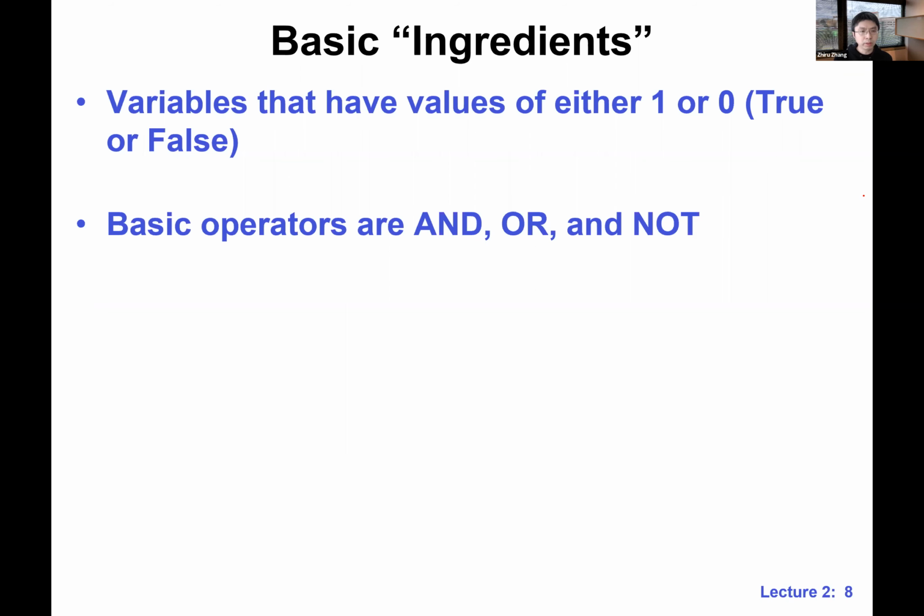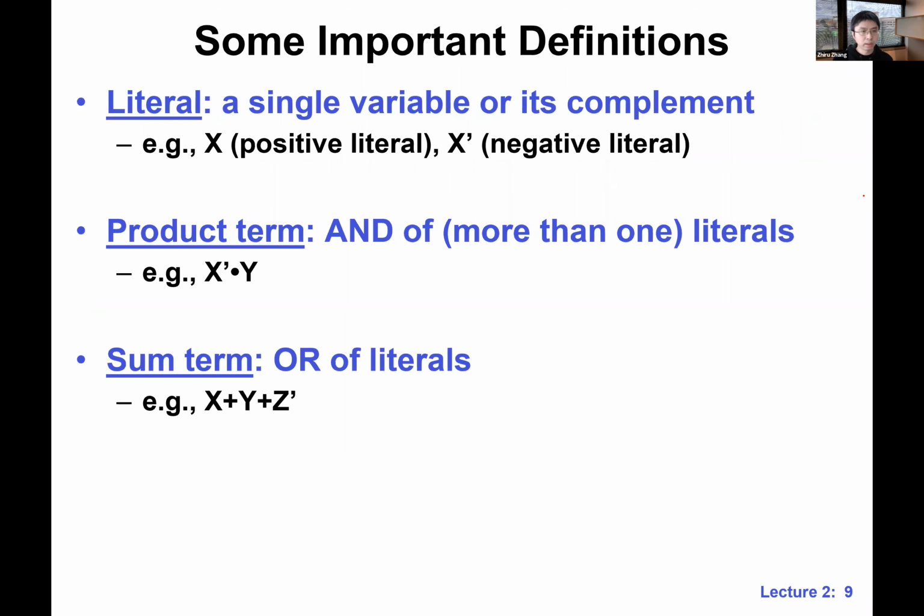We also know the operators that can be applied to these variables. These are three important gates: AND, OR, NOT. These are trivial, basic ingredients. Then we also need to define a few more terms. One important term is called literal. We may have two forms of literal. Let's say we have a variable x.